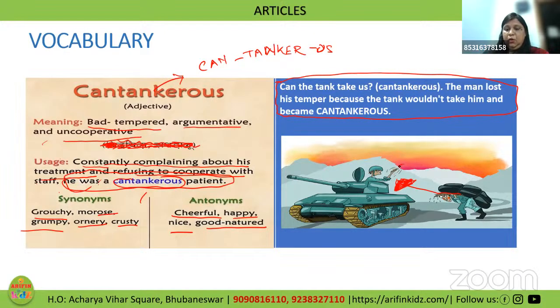And this person is saying no, because there is a place for one person. So now this person is getting very cantankerous, because the tank cannot take us. Okay. So cantankerous. You can also use the words short temper to know the meaning of it. Right?